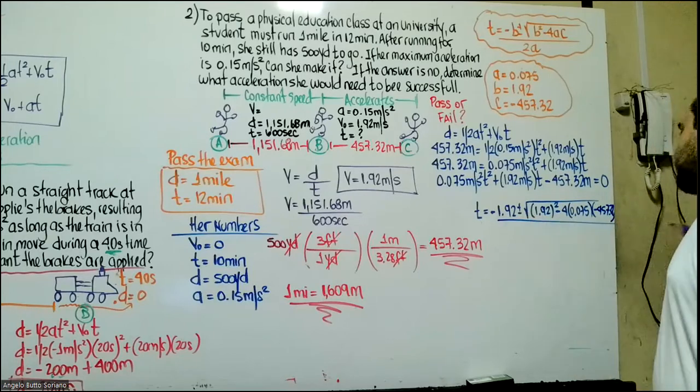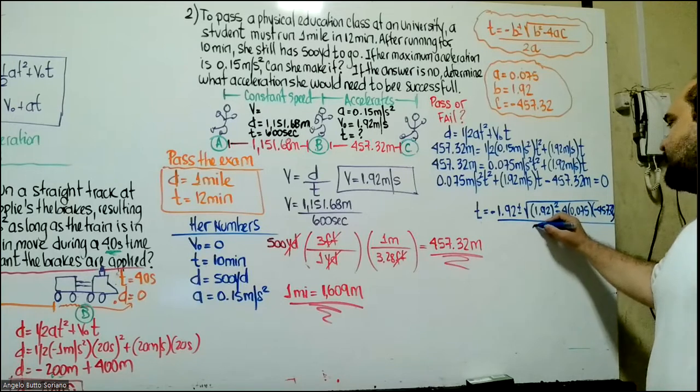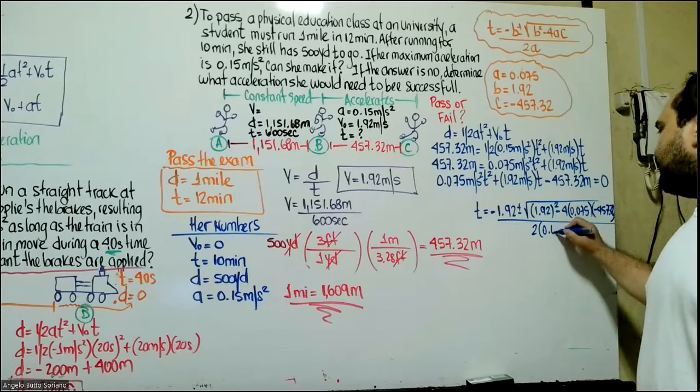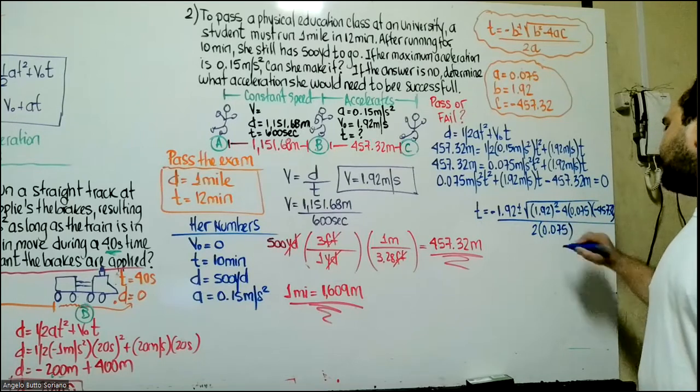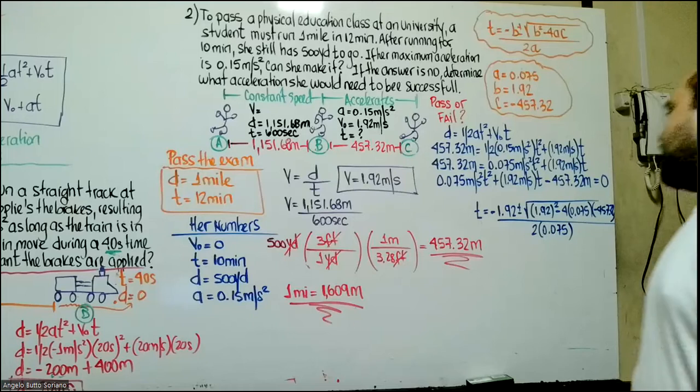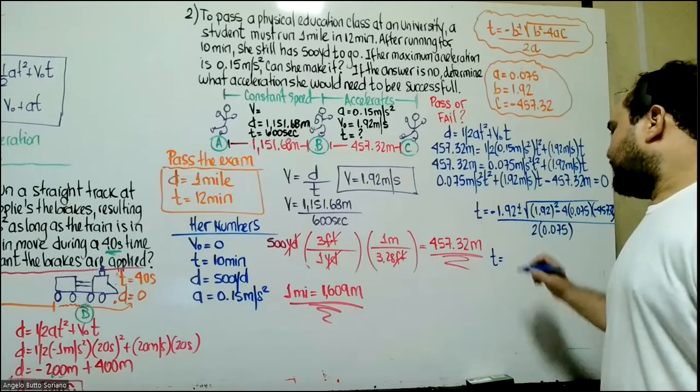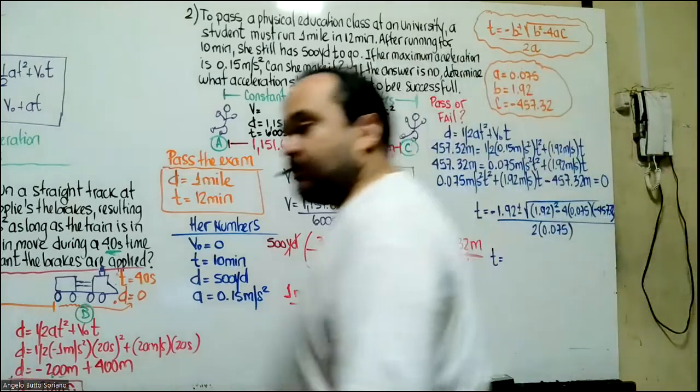The entire expression divided by 2 times 0.075. Okay, the real question is, how are we going to perform this calculus using our calculators?